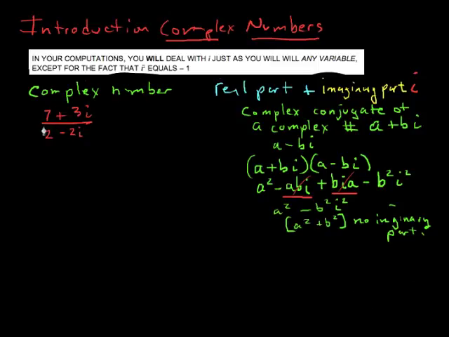Because when we have a complex number like this, 7 plus 3i divided by 2 minus 2i, if we multiply by the number 1, we won't change anything. This is the number 1 I am going to choose very carefully.